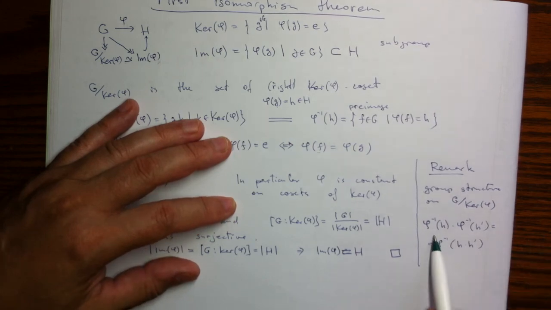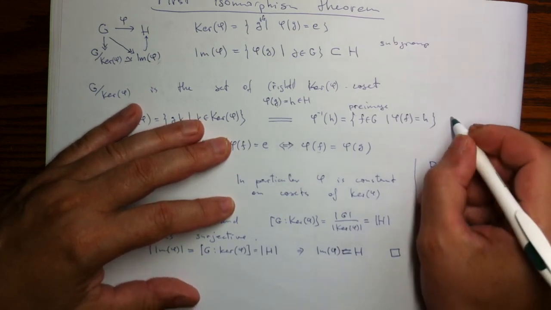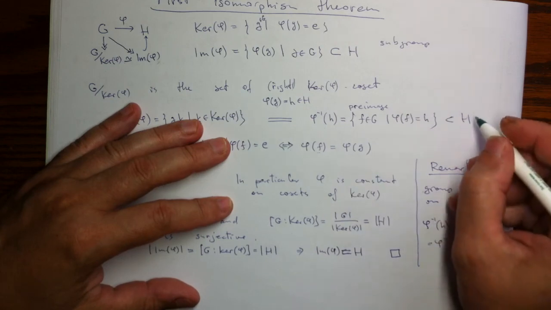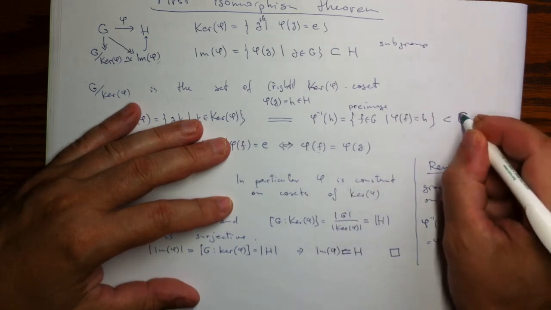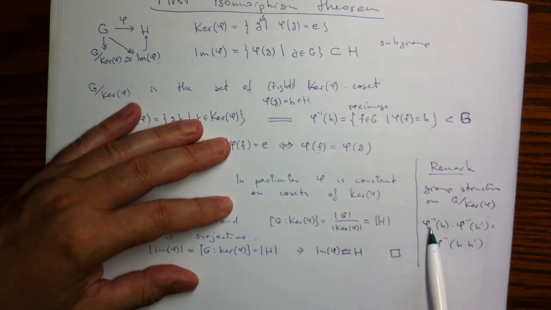This looks like an equation of elements, but it is not. This is a subset. So both are subsets in G. There are elements in G which go to the fixed value. So here there are all elements in G which are mapped to value h. Here there are all elements in G which are mapped to value h prime.